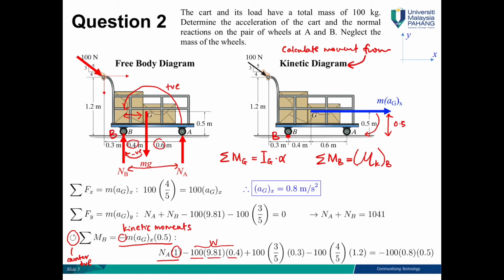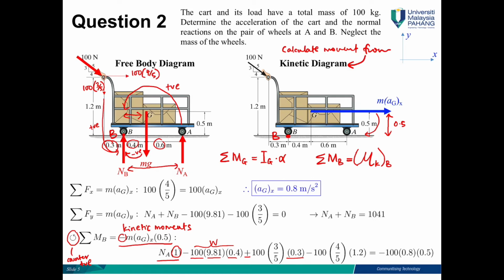And we also have this: 100 times 3 over 5, the y component. So going to G is like this, and going to point B is like that, which is counterclockwise. So this will be positive, that's why it is positive here, and the distance is this 0.3, so you multiply with 0.3. And the last one is this, 100 times 4 over 5.